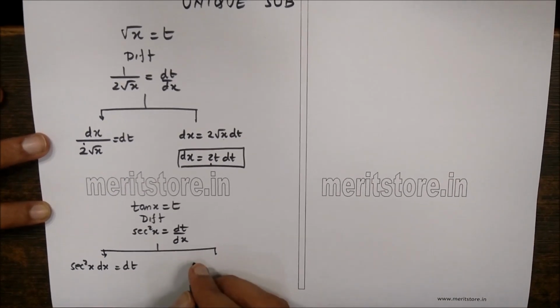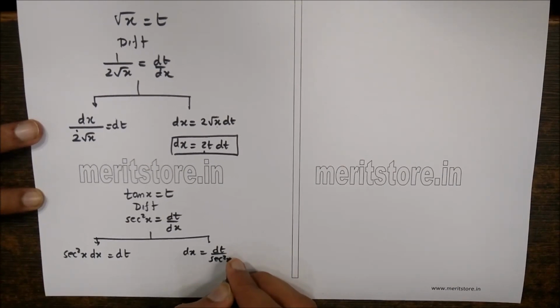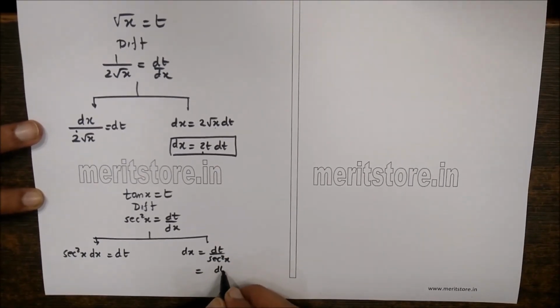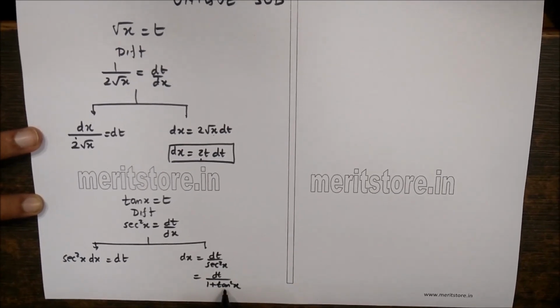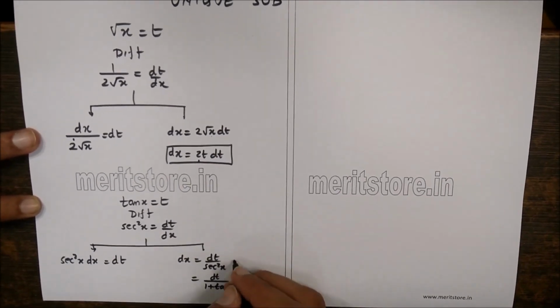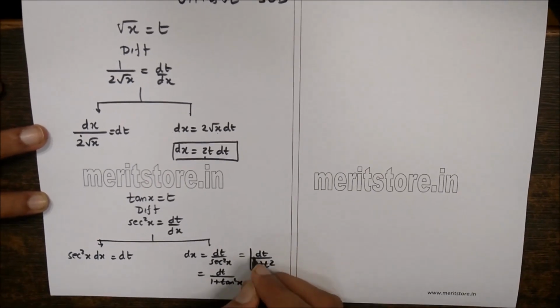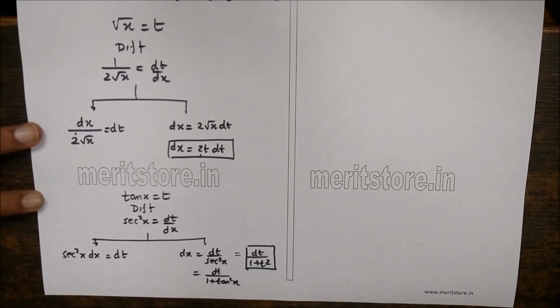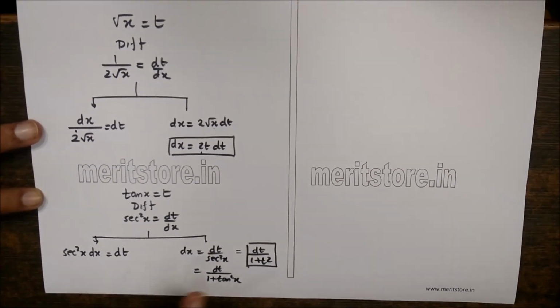In the other method, I will say that dx is equal to dt upon sec square x. Using the fundamentals, this is dt upon 1 plus tan square x. And since tan x was my substitution, this is the same as dt upon 1 plus t square. So in the examination, I can use this and even this as my substitution based on my requirement.